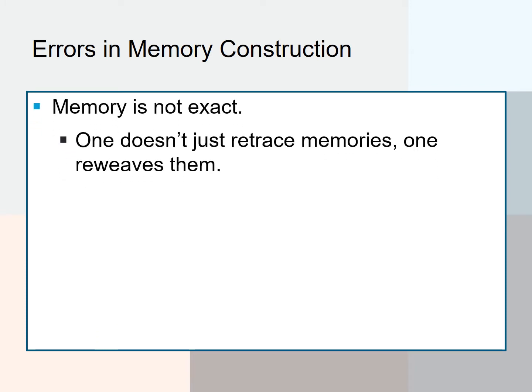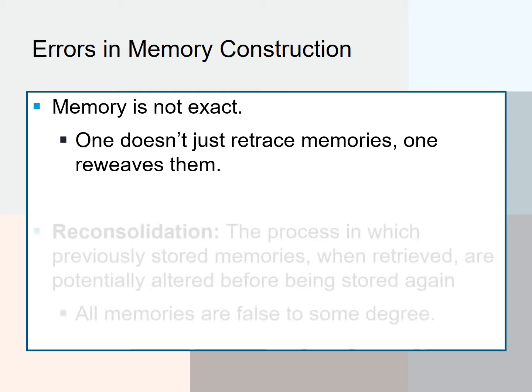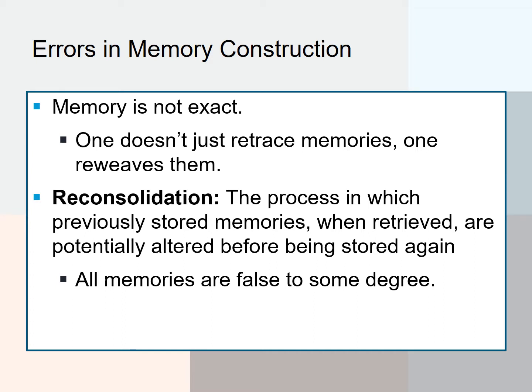Memory is not exact because you don't just retrace your memories, you often reweave them, or recreate them. Reconsolidation is the process in which previously stored memories, when retrieved, are potentially altered before being stored again. So all memories are false to some degree. We usually get the main facts right, but some of the details might slip.